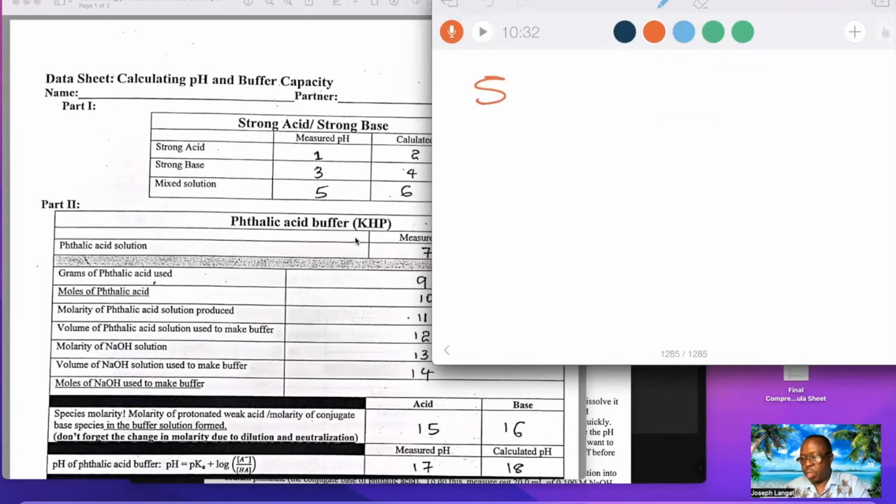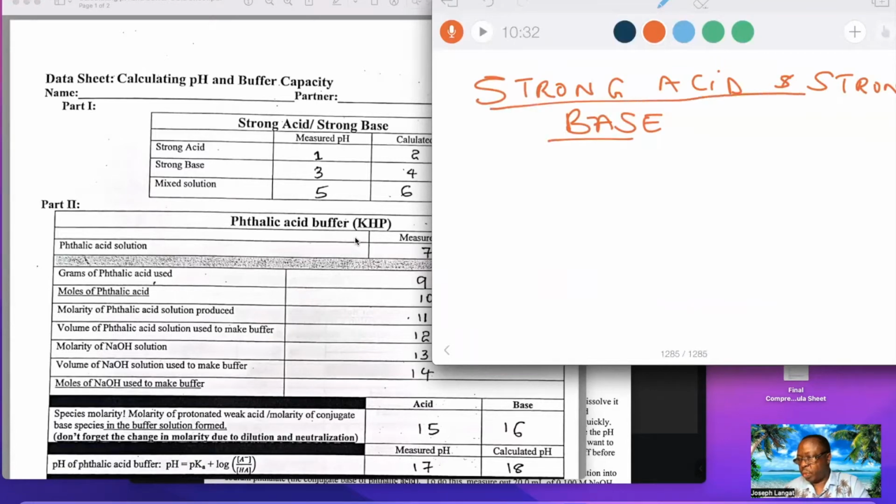For strong acid and strong base, determination of pH of a strong acid, strong base.